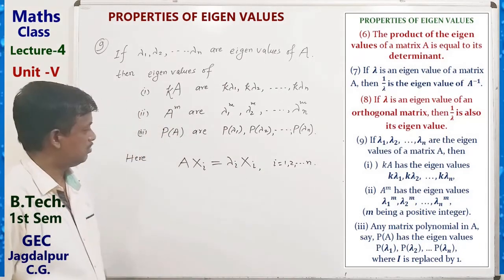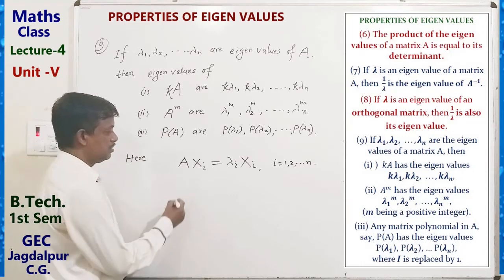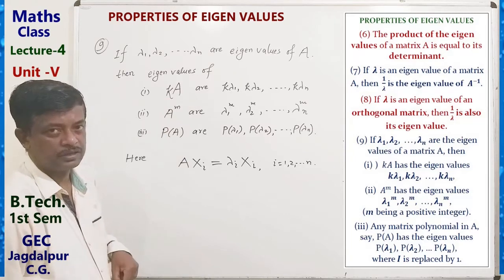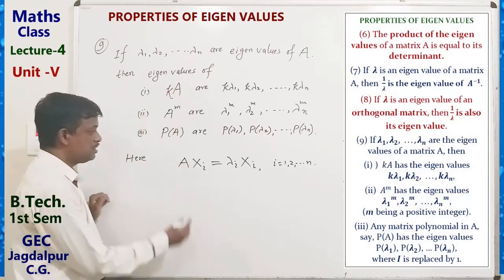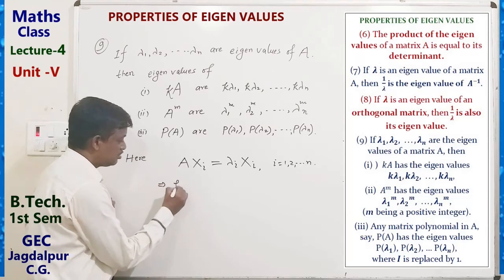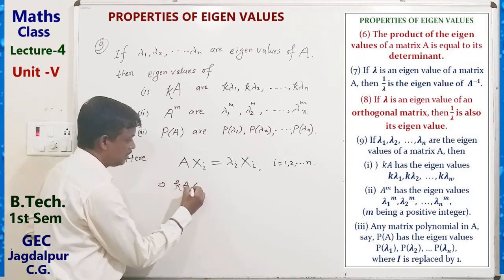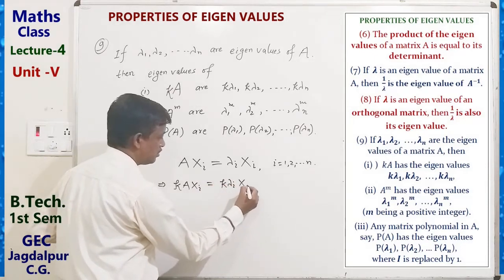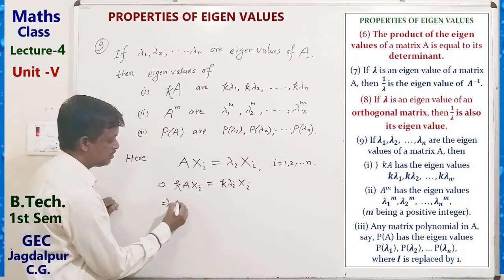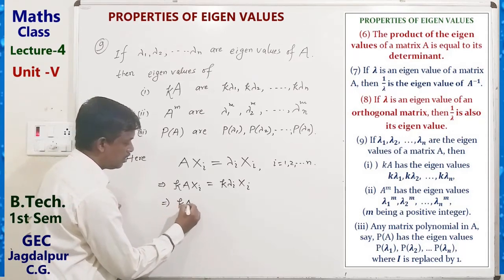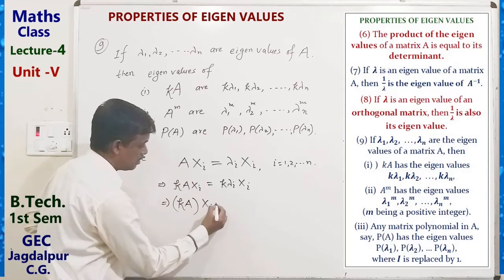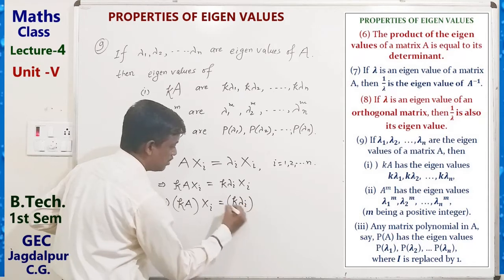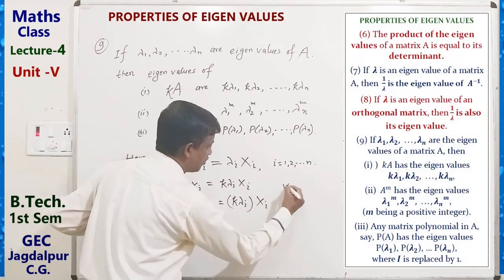By definition. For proving the constant multiple, just multiply both sides by a non-zero constant k. A xi equals lambda i xi implies kA xi equals k lambda i xi for all i.